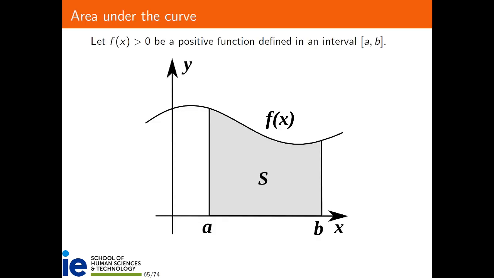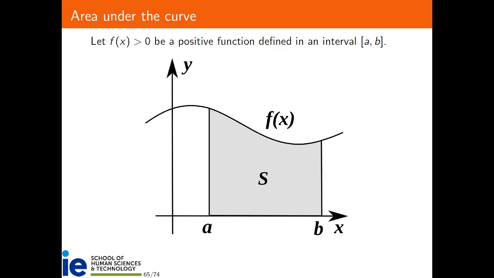Suppose that I have some function f, and suppose that it is positive, just like in this graph here. I have some function f, which is always positive. And suppose that it is defined within some interval, a and b. So I'm only interested in the function in this interval a and b.